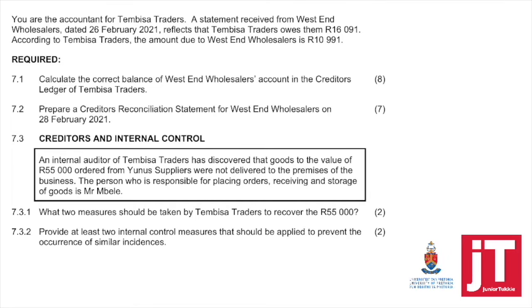So we need to calculate the balance of West End Wholesalers in the creditor's ledger of Tembisa Traders. We need to prepare the reconciliation statement, and then you also see that we've included internal control. Always make sure that you know your internal control, because it will always be incorporated in tests and exams into the different topics.